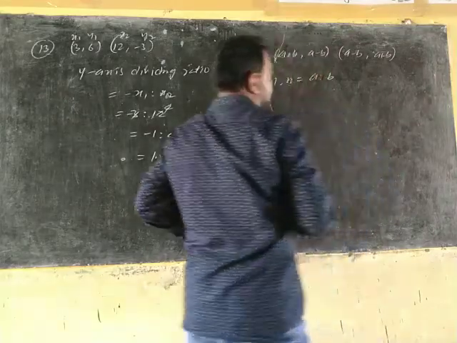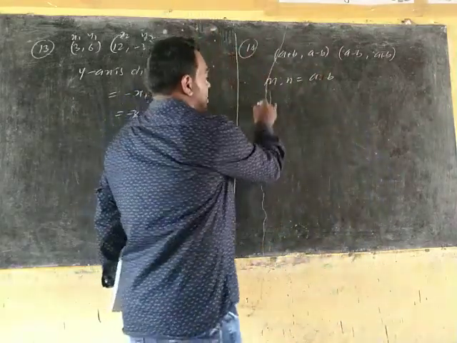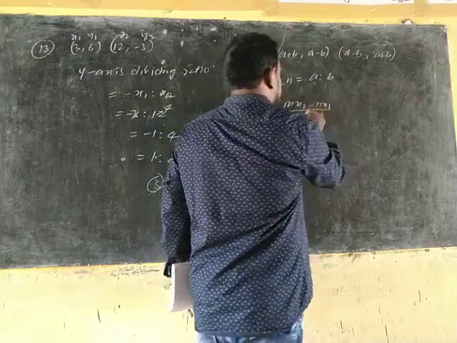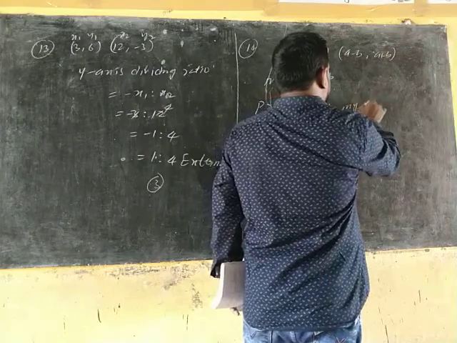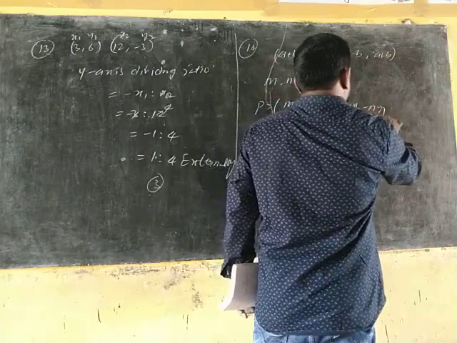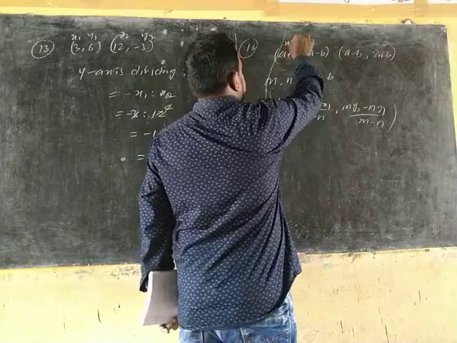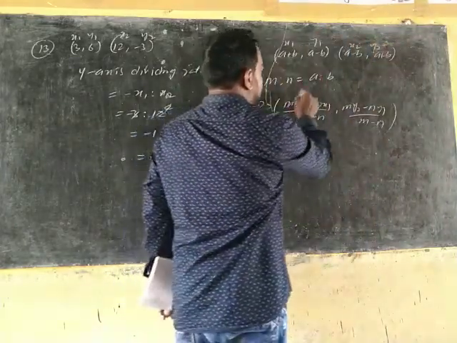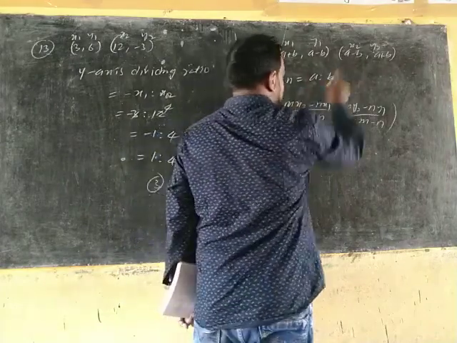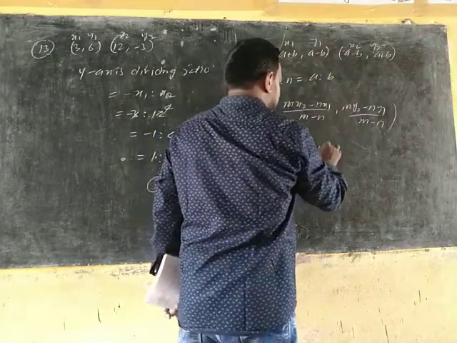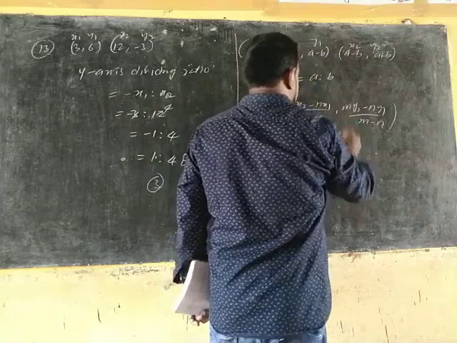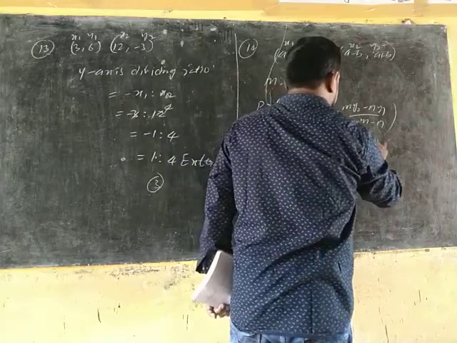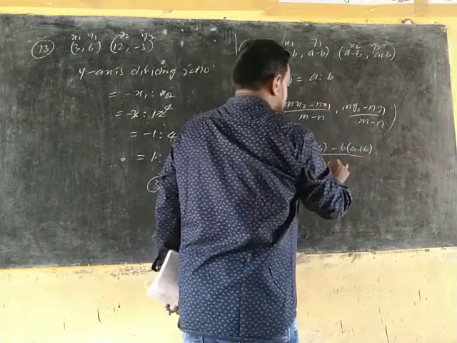For the externally dividing point, the formula is mx2 minus nx1 by m minus n comma my2 minus ny1 by m minus n, where x1, y1, x2, y2 are the given points. Next, m is a, x2 is a minus b, n is b, x1 is a plus b, over m minus n, that is a minus b.